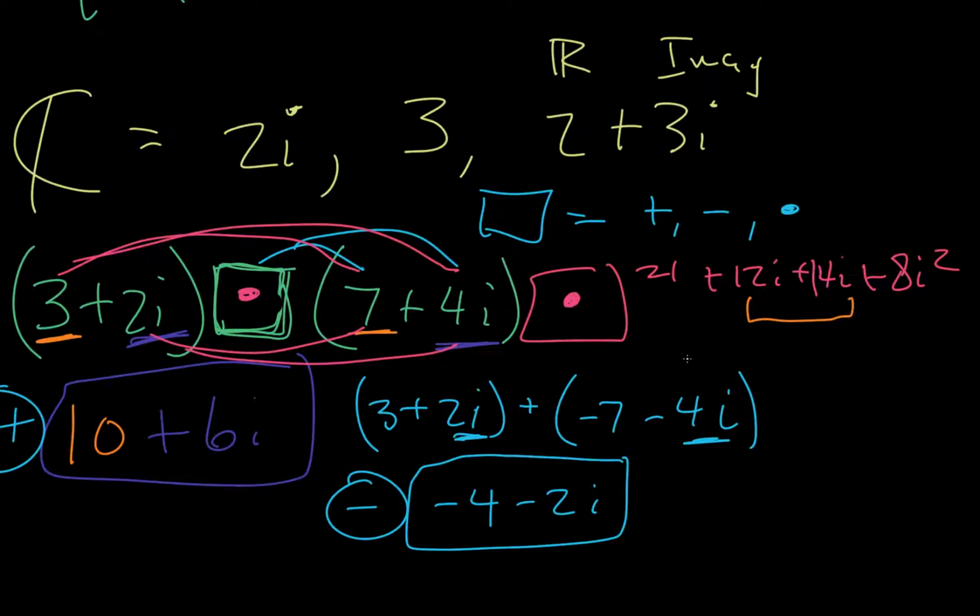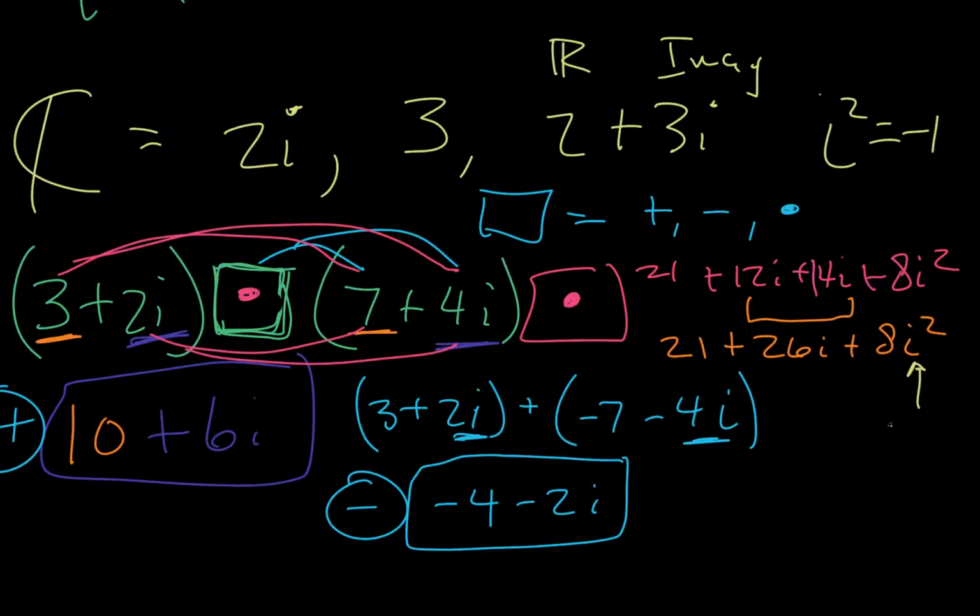So we simplify these. We get 21. And then combine like terms, that's going to be 26i. And then 8i squared. Now we're actually not done. It looks like we might be done. But we want to remember that i squared is equal to negative 1.